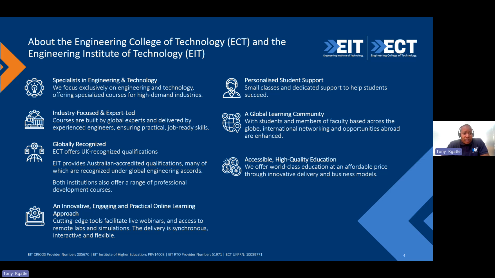Just a little information about EIT and ECT, apologies. The Engineering College of Technology is based in the United Kingdom, and the Engineering Institute of Technology, EIT, is based in Australia. Both institutions specialize in engineering and technology, and they focus exclusively on engineering and technology programs. Both offer industry-focused, expert-led courses built by global experts and delivered by experienced engineers. Globally recognized, the ECT offers UK-recognized qualifications, while on the other hand, the EIT provides Australian accredited qualifications, many of which are recognized under the Global Engineering Accord.